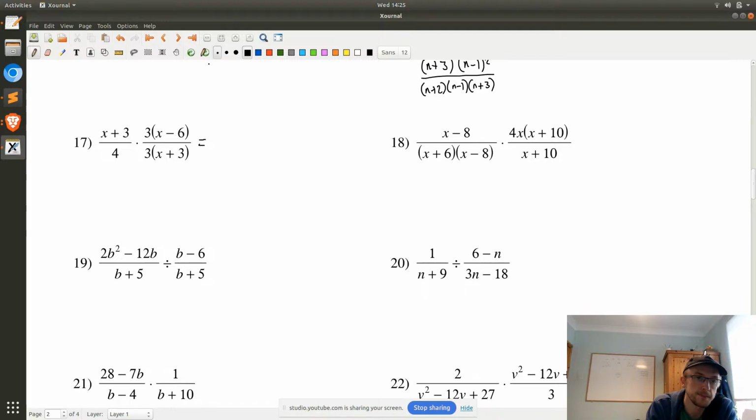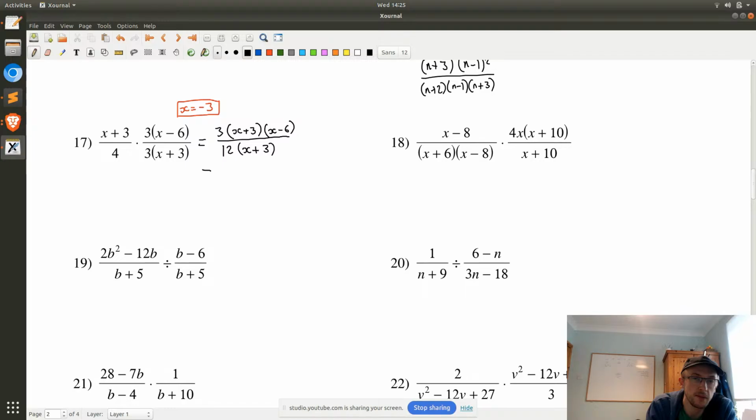So here, this turns into over there. The excluded value after performing the arithmetic is this. x cannot be -3.